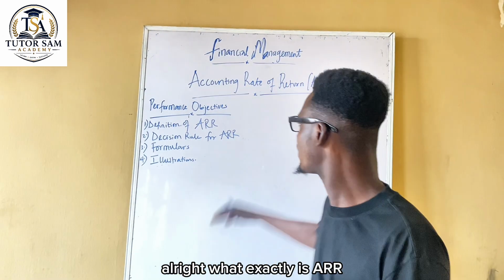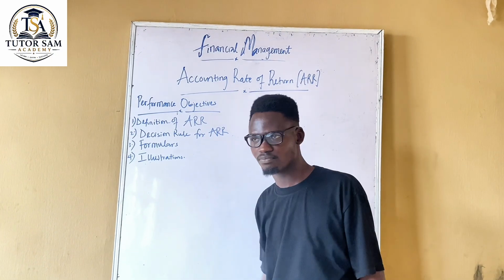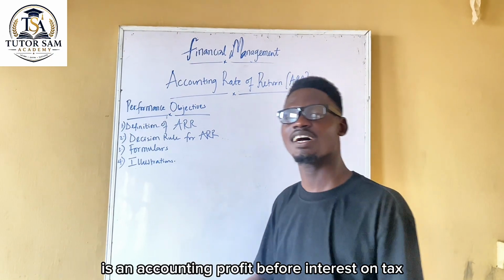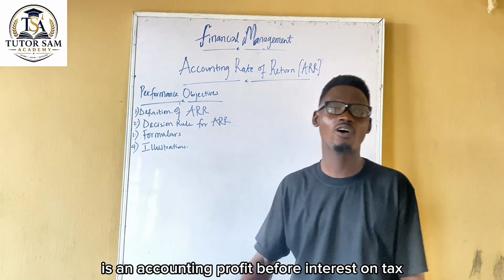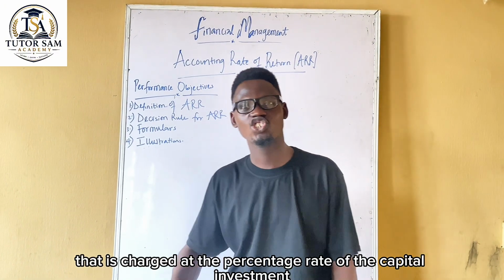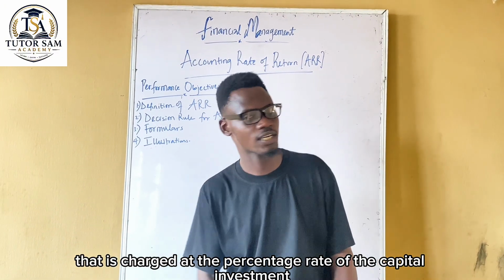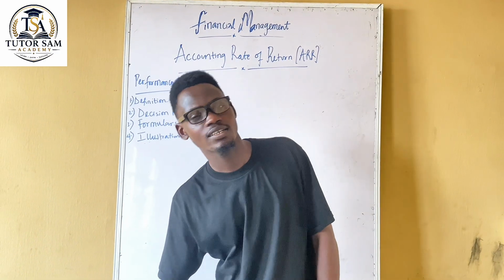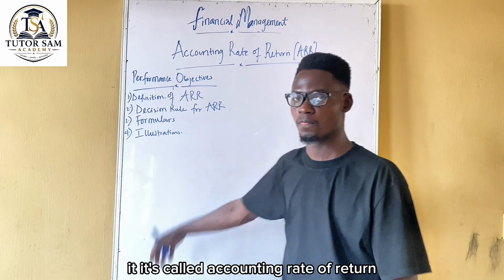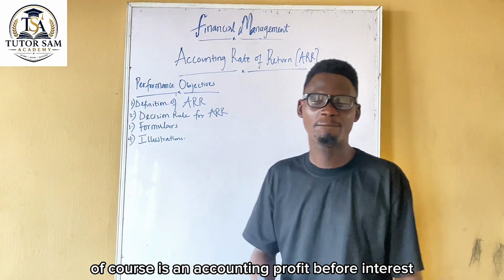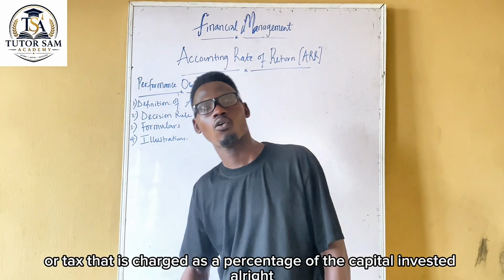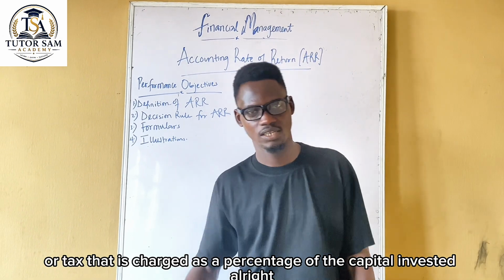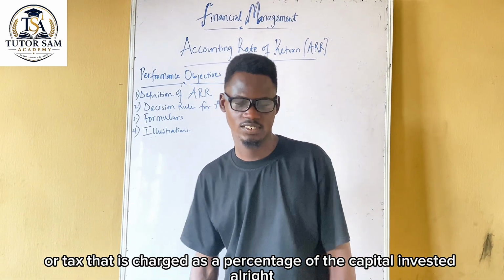All right, so what exactly is ARR? ARR, which is accounting rate of return, is an accounting profit before interest and tax that is charged as a percentage of the capital invested.